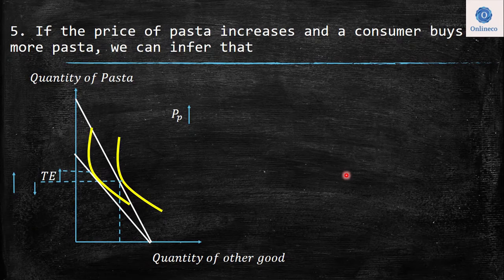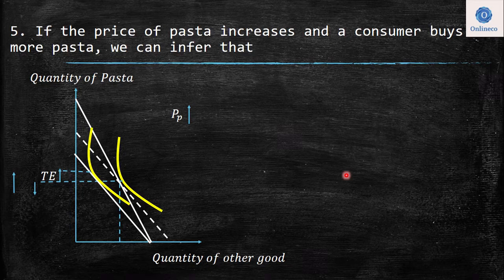If we disaggregate all the movement of the total effect, we can split it into the substitution effect and the income effect. Then remember, for the substitution effect, you need to take the new slope of the budget constraint.